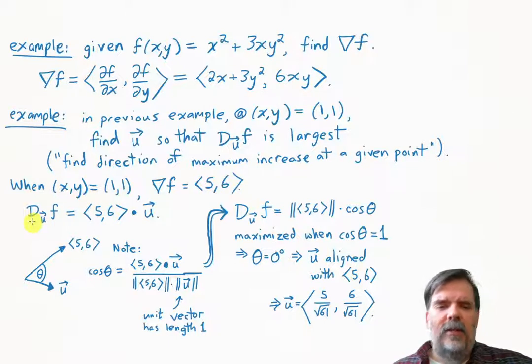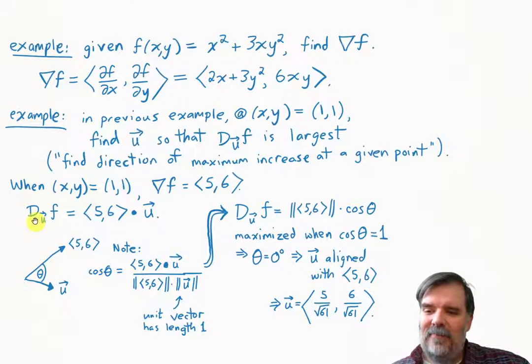Now, let's recall some things which we did a long time ago. The directional derivative of f is the gradient dot u. So it's the vector (5, 6) dot u. Now, draw a graph of these two vectors, the vector (5, 6) and the vector u. There's an angle theta between these two vectors.